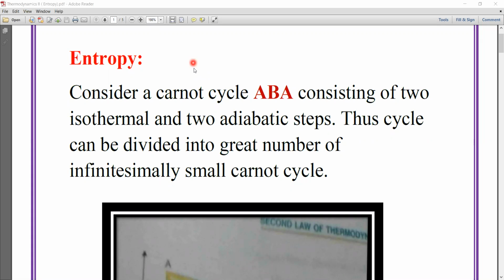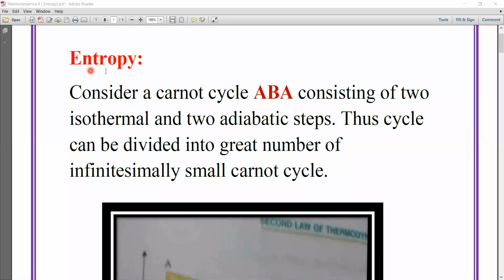And we have solved numerical problems on this Carnot theorem. So up to this, in the last period we have discussed. Now today we will study and explain the concept of entropy.